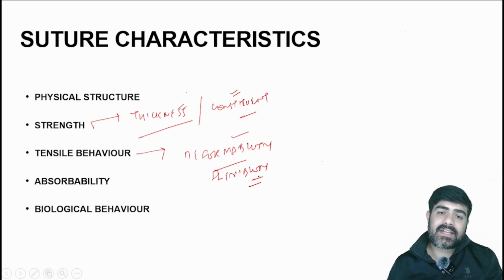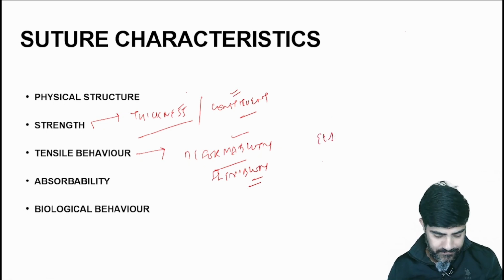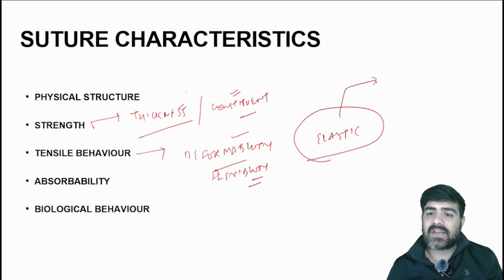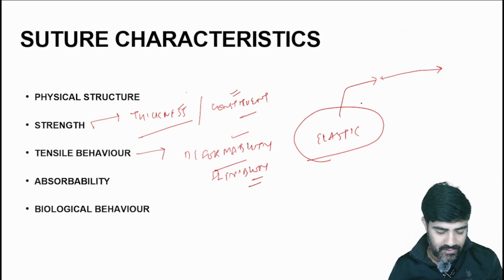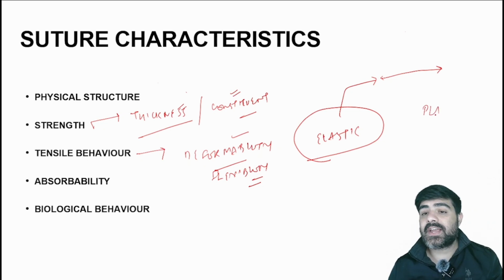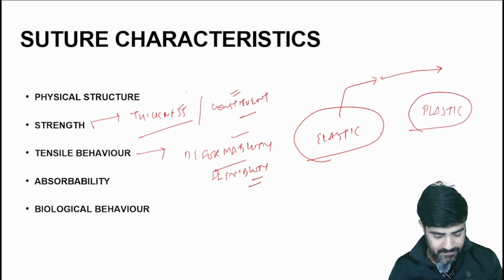Some may be elastic. Whenever we apply some tension, the length will increase, and after removing that tension, the suture will come back to its normal size. Whereas there are some sutures which are not elastic, they are plastic.